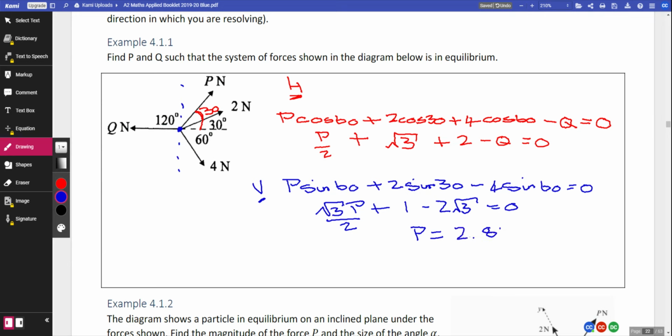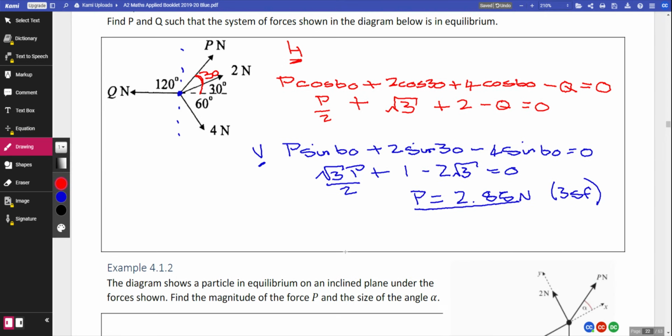Now, in terms of your calculator, you need to have the exact value, which is 12 minus 2 root 3 over 3. That needs to be kept in your calculator because we're going to be using this in the red equation in order to be able to solve for Q. So do watch that. We have to give our answers to 3 significant figures in the exam, but I do want to use the exact value when I'm substituting it into here.